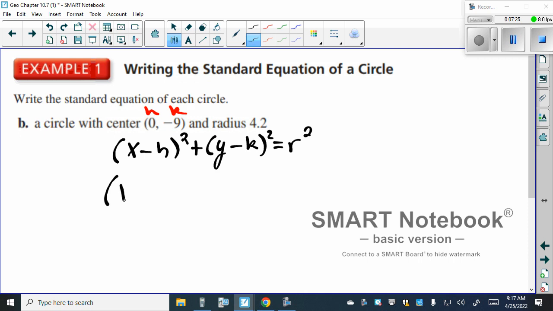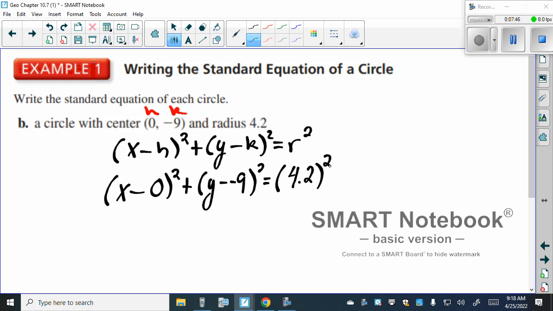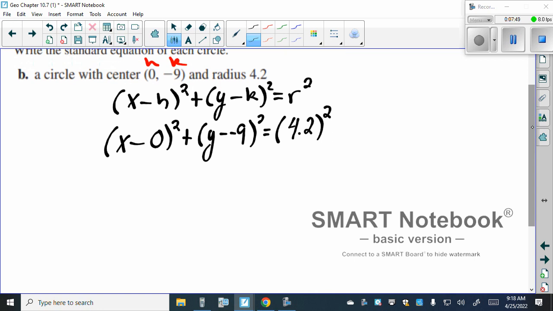So we'd have x minus 0 squared plus y minus -9 squared equals 4.2 squared. The first thing with this one, we can just plug the information in. We can plug the center's values, 0 and -9, in for h and k, and plug 4.2 in for r.